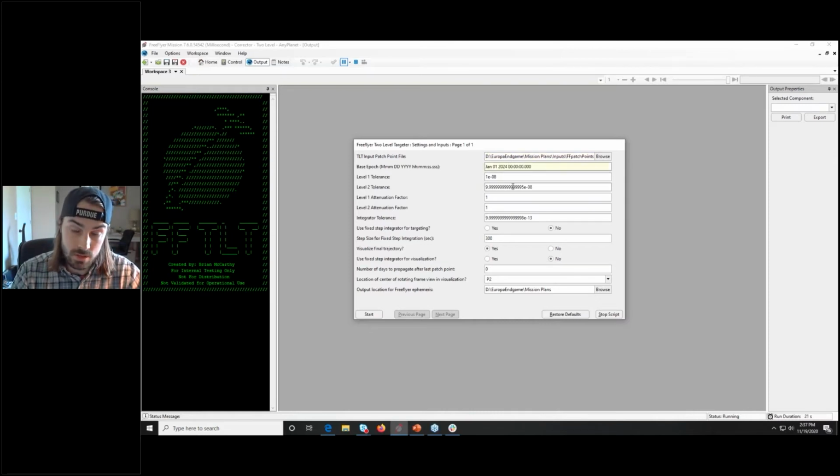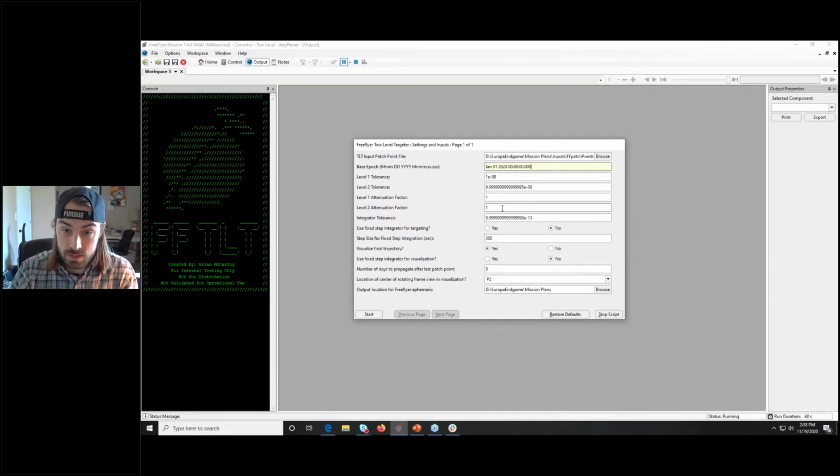We have tolerances on our targeter, by which we consider a continuous trajectory when the nodes are converged to position and velocity continuity. The reason we have a base epoch here is that our three-body model doesn't consider a base epoch like a Julian date, but our ephemeris model does, so we have to select what that is. I'll just leave this as the default of 2024.